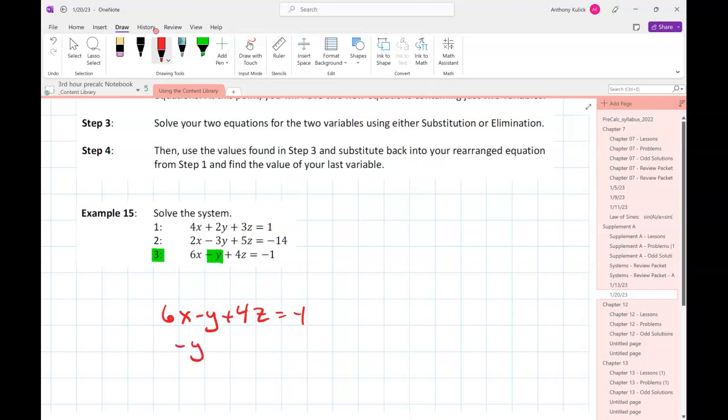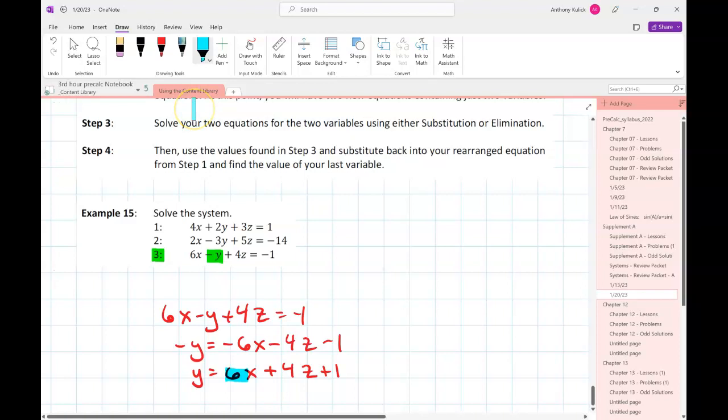So we'll start by subtracting over the 6x, subtracting over the 4z, and then we'll divide by the -1 to get that.